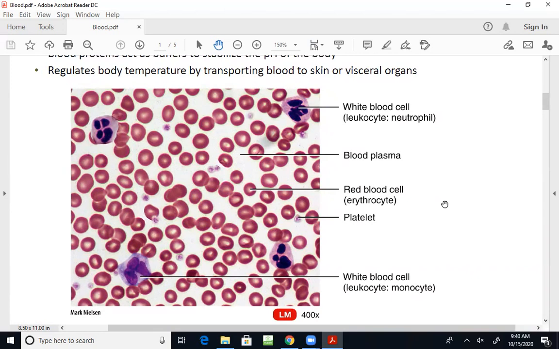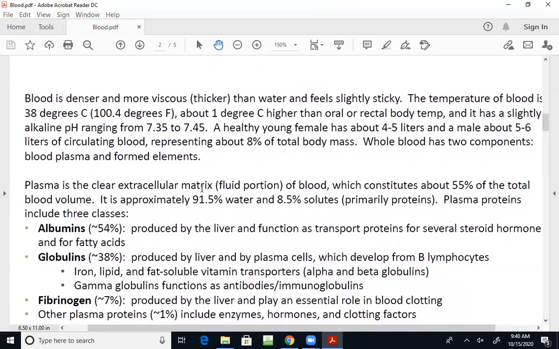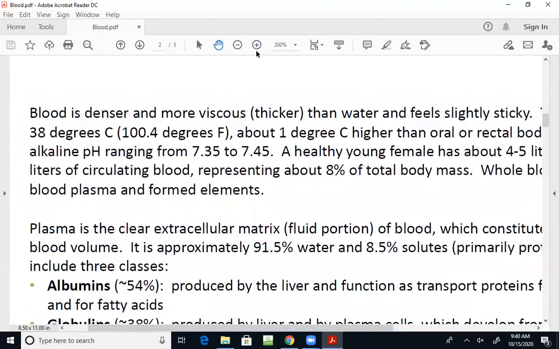Then you've also got various forms of white blood cells shown here, the bigger, blobbier looking cells. The little speckles sprinkled in are the platelets, which are not actually cells. We'll talk about what those are in a little bit. And then the space in between those blood cells would be your plasma, which we'll start talking about here on this page.